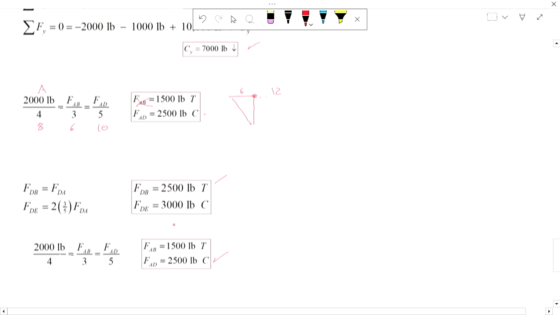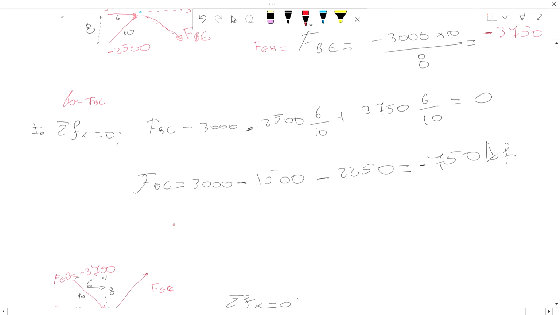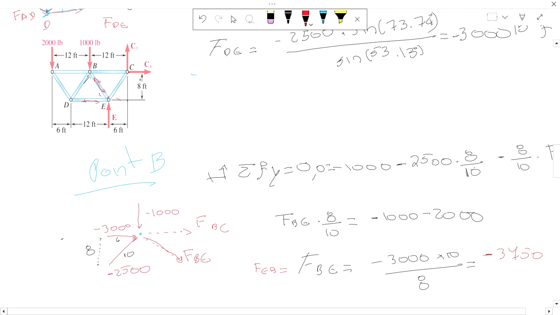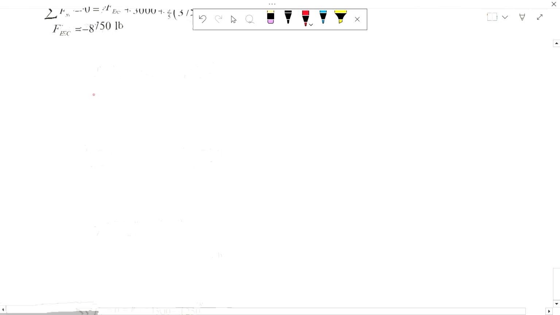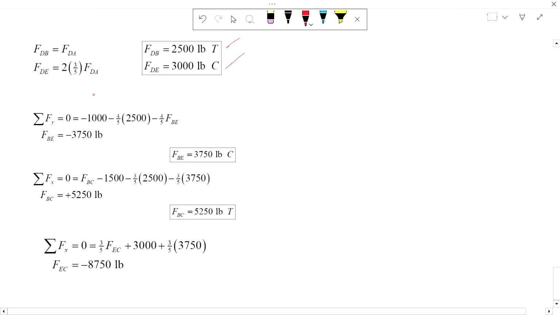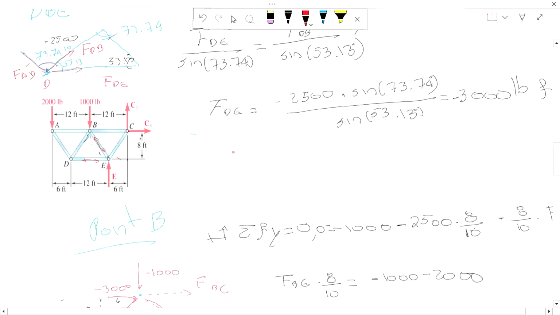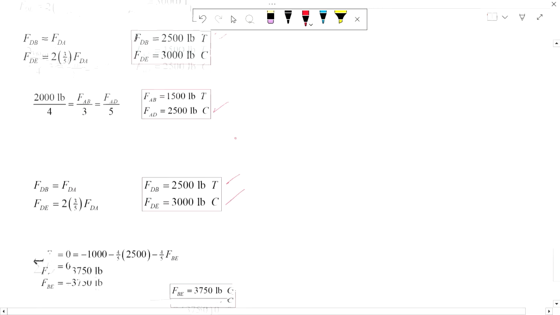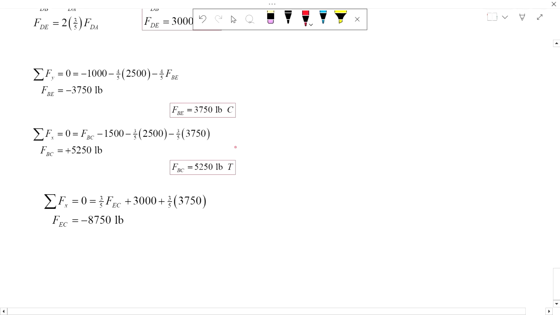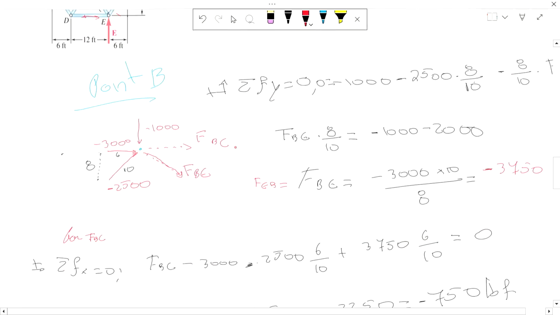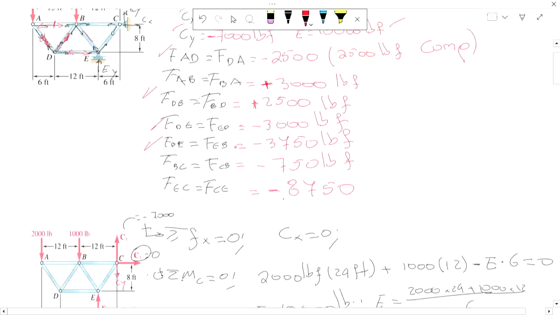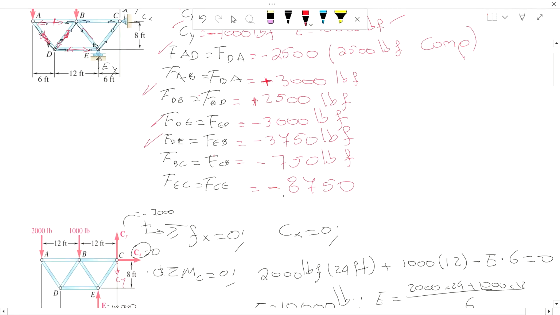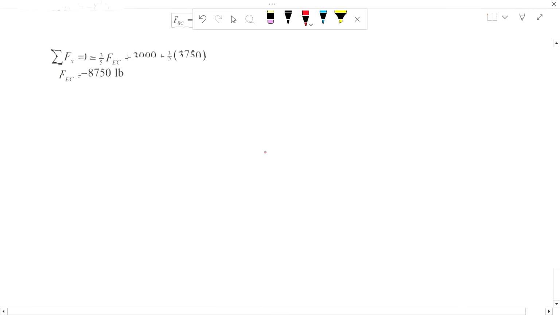B to E, which is the cross section here. B to E is 3750 in compression. We got 3750 in compression, very good. Then they're doing B to C. B to C, we got negative 750 in compression.